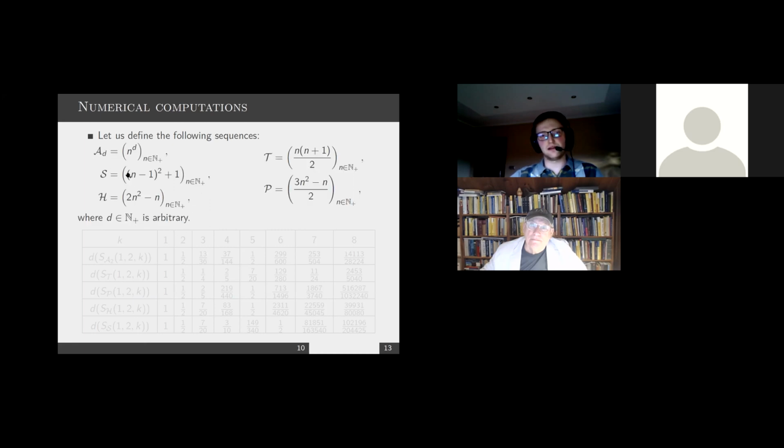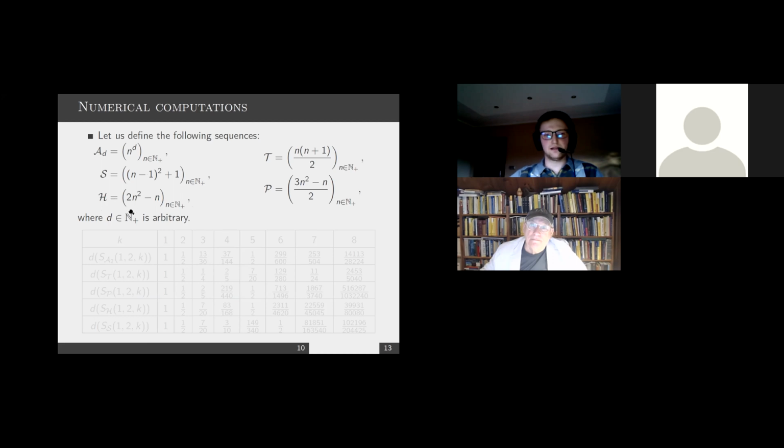Let A_D be a sequence of consecutive powers of positive integers, S to be the squares of non-negative integers increased by 1, H to be a sequence of hexagonal numbers, T to be a sequence of triangular numbers, and P to be a sequence of pentagonal numbers.